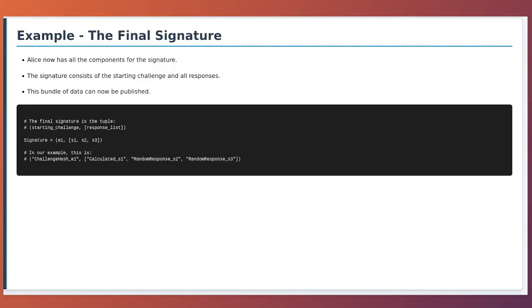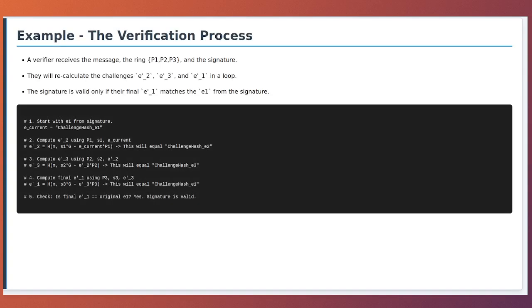For our example, the signature would be the value "challenge hash underscore E1" and the list of strings "calculated underscore S1, random response underscore S2, random response underscore S3." She can now publish the message along with this signature and the list of public keys P1, P2, P3 that form the ring.